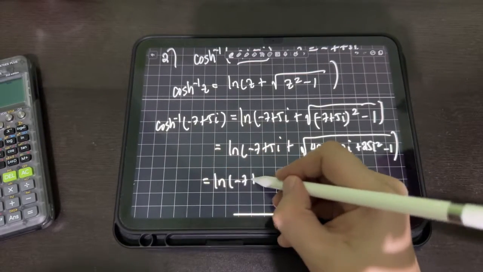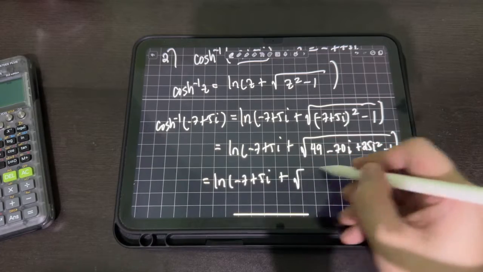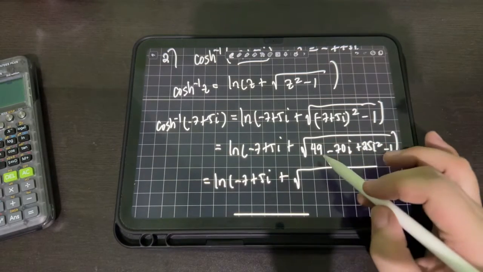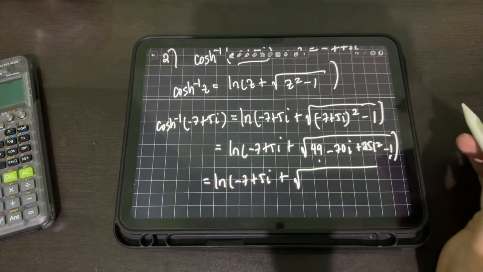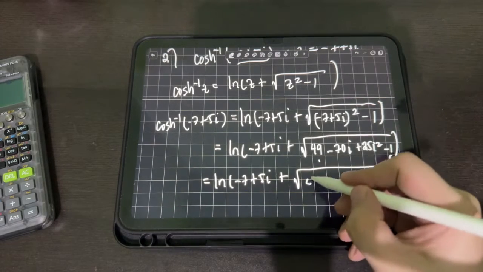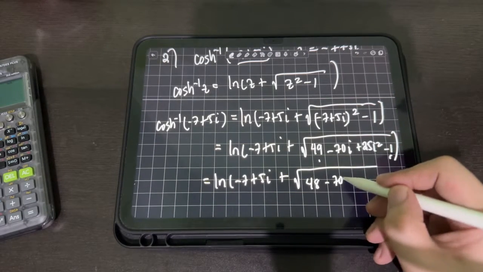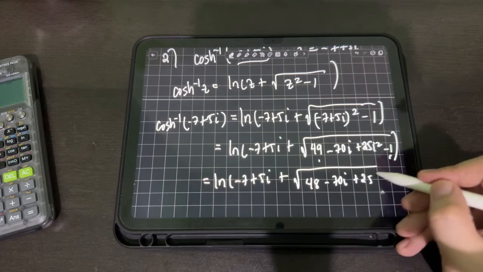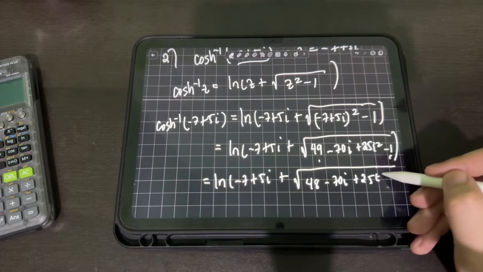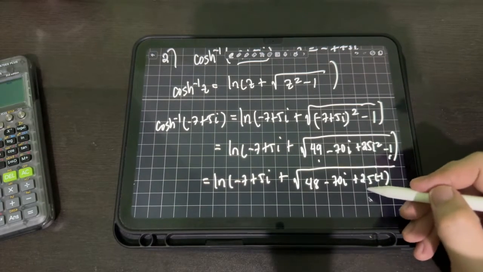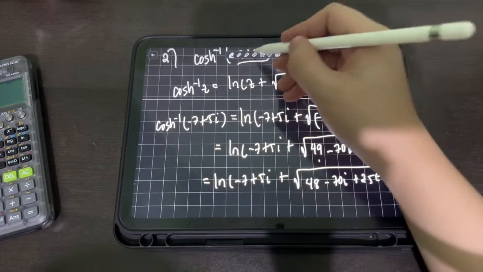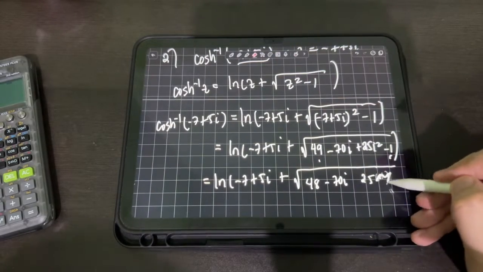So combine similar terms. 49 minus 1, 48, minus 70i, plus 25i squared, that's negative 1, so 25 times negative 1 is negative 25.